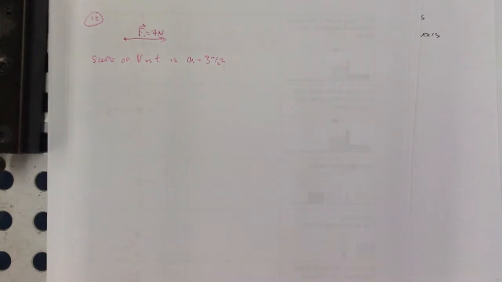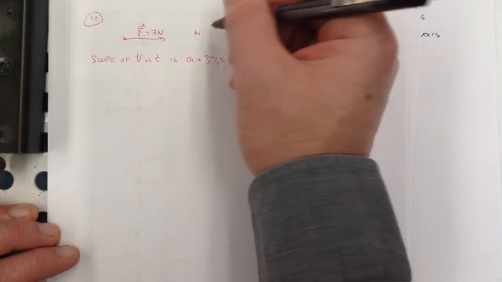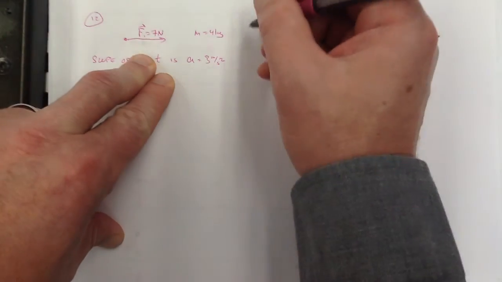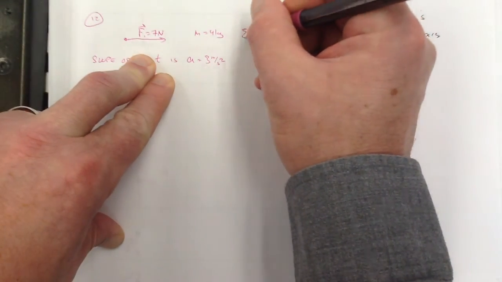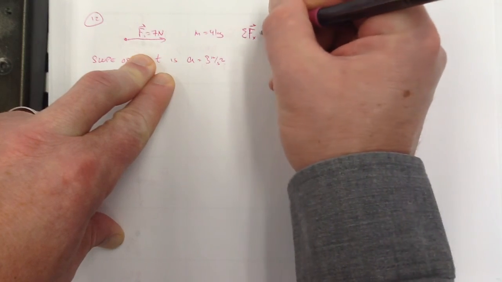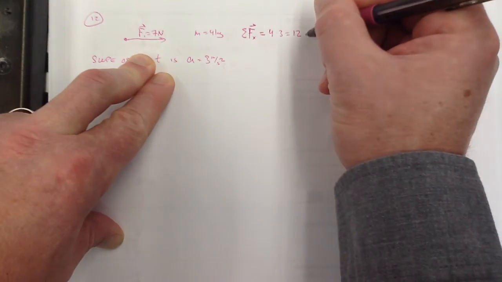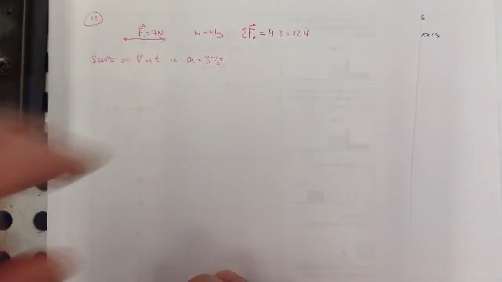That is in the x direction. Okay, and the mass of this thing is 4 kilograms. So that means that the sum of all the forces in the x direction must be equal to 4 times 3 is 12 newtons.